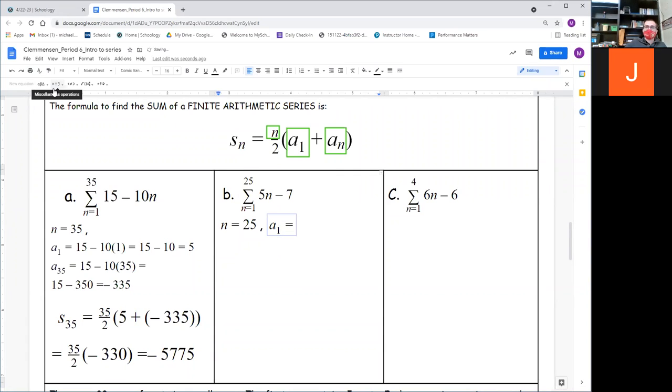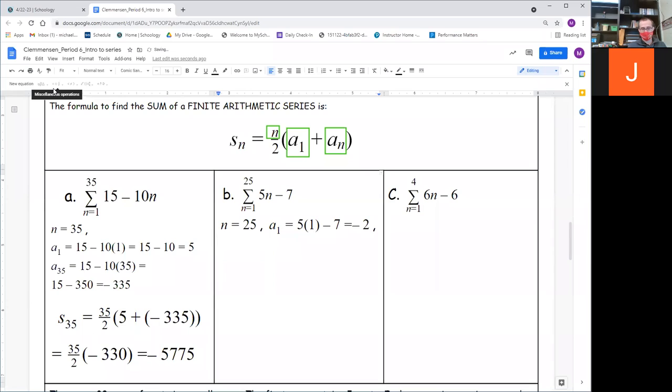How do we get our first term? So I go 5 times 1 minus 7. What does that give me? -2. So I got my A1.